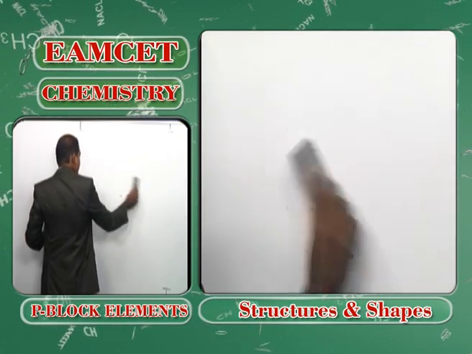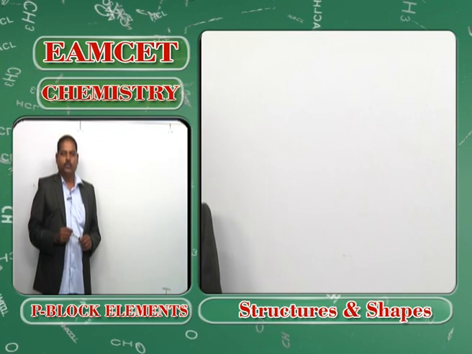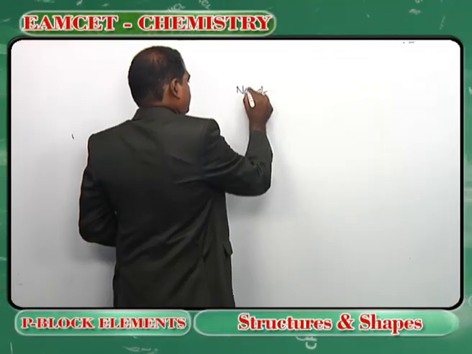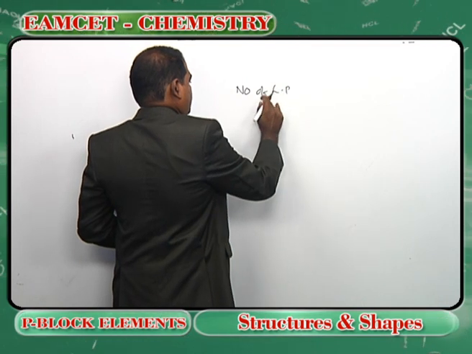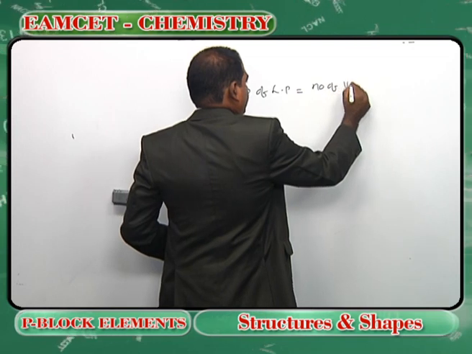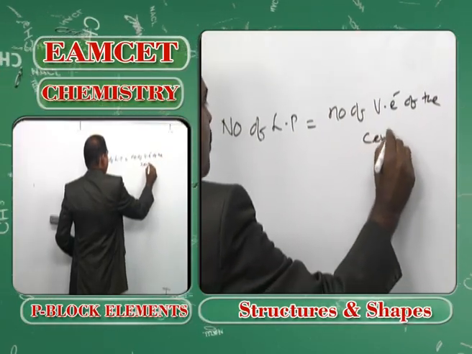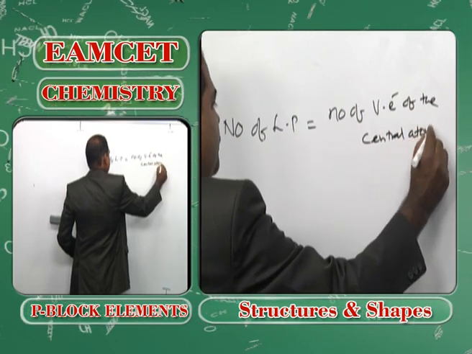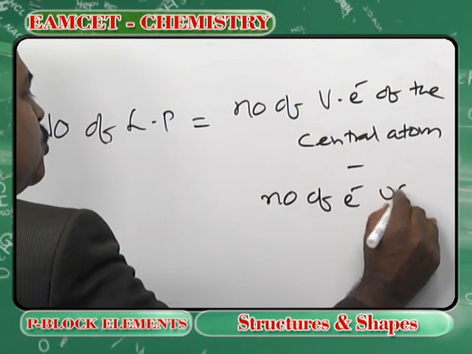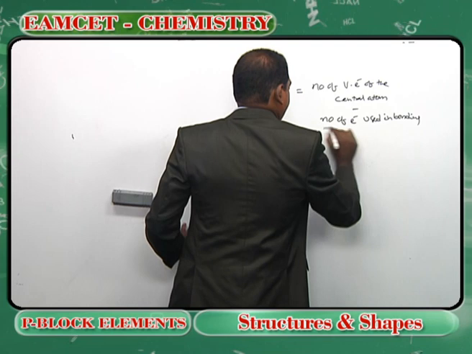Next, regarding shapes of molecules, it all depends on the number of lone pairs. How will you find the number of lone pairs? Number of valence electrons of the central atom, minus number of electrons used in bonding, divided by 2.